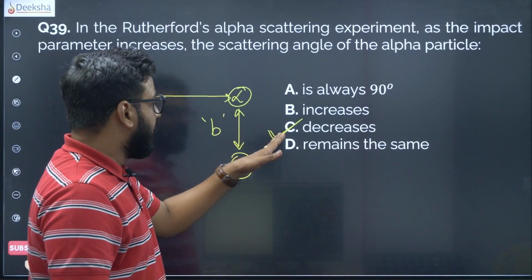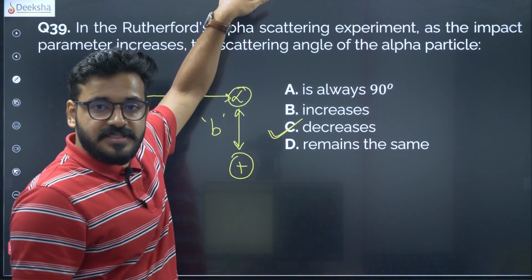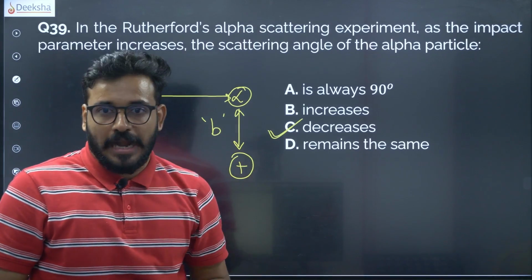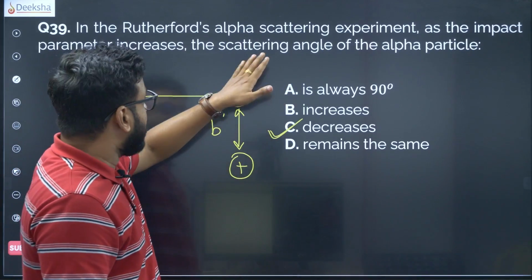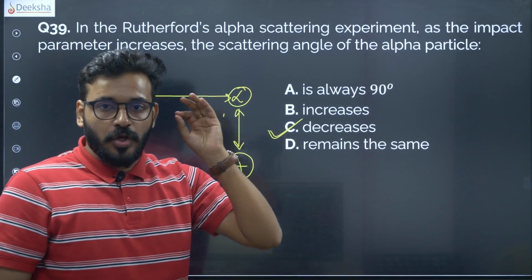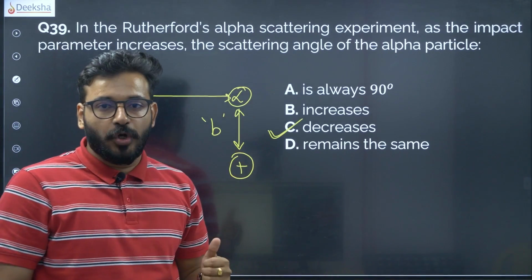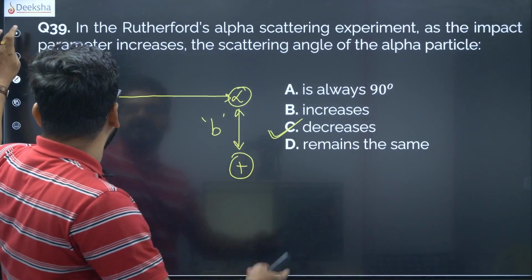So this is inversely proportional to the scattering angle. The more the impact parameter, the farther it is, less repulsion, less scattering. Obviously it's understood, right? There is no doubt on that. So when the impact parameter increases, the scattering angle decreases. This is common understanding. If you are well versed with the concept, you will get it very easily. All right, very simple question.